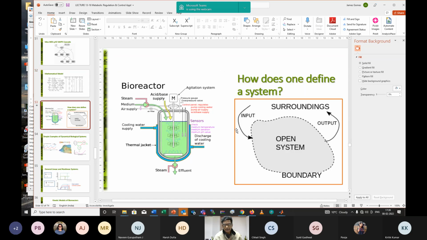Even in bioreactors, you can get behaviors like this. So how do you define a general system? You essentially draw the boundary, look at the inputs and outputs, and then you define the equation. So I'm not going into this because this is not part of what we do, but those who are from the biochemical engineering department would be able to appreciate this, that you can do energy balances, you can do material balances, as well as you can do balances for the cell by itself.